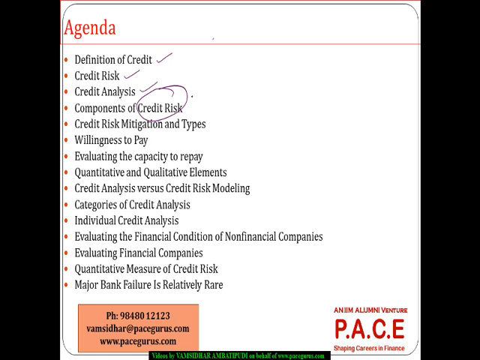What are the different components of credit risk? And what do I mean by credit risk mitigation? How do I reduce the credit risk? And what are the couple of types, which are called credit risk mitigants? What are the different types of credit risk mitigants which are commonly used in the industry?